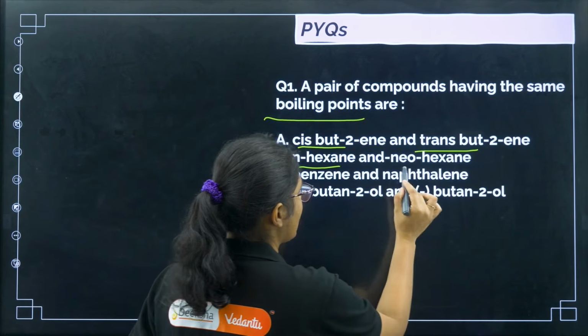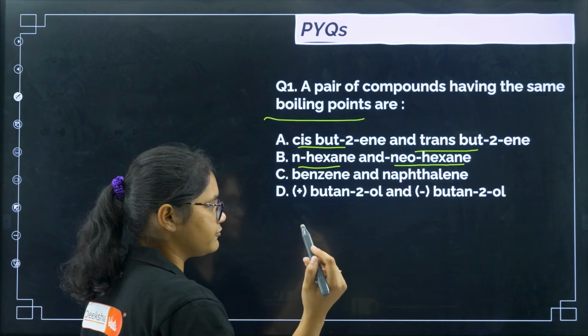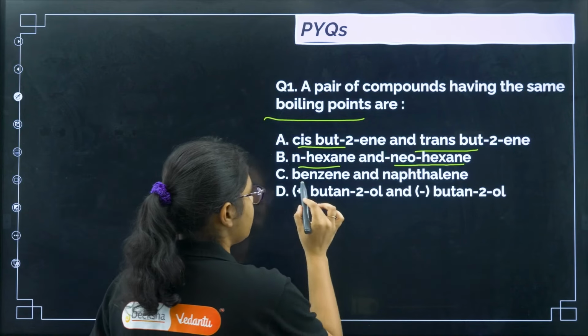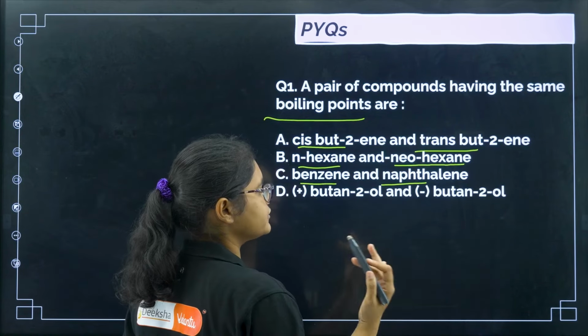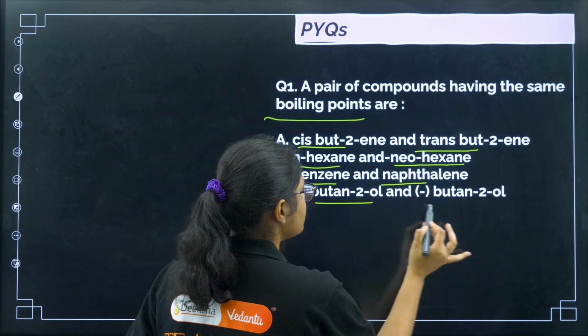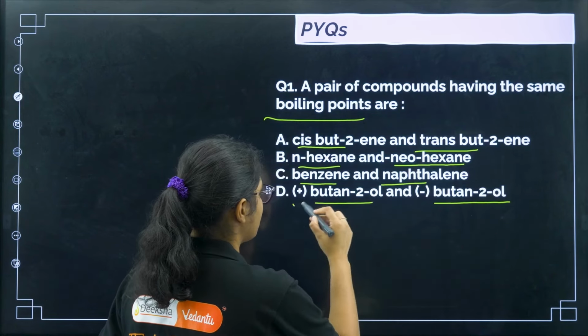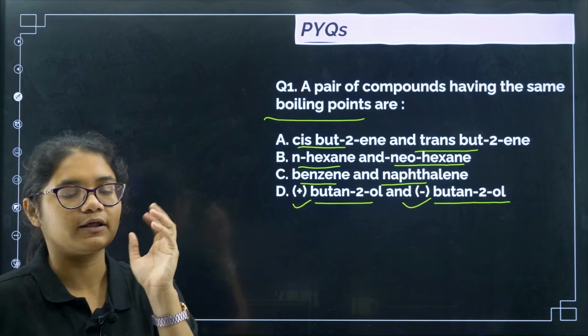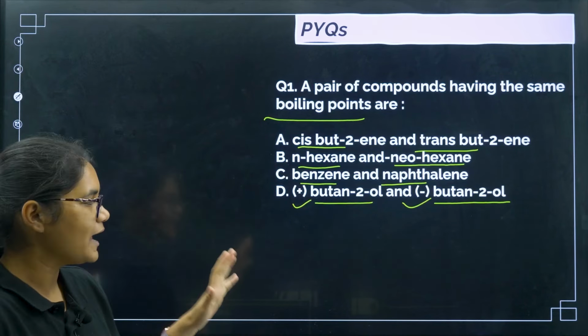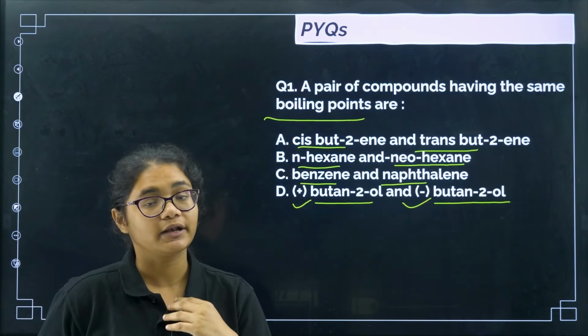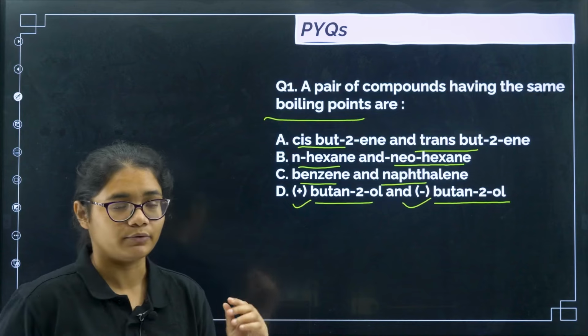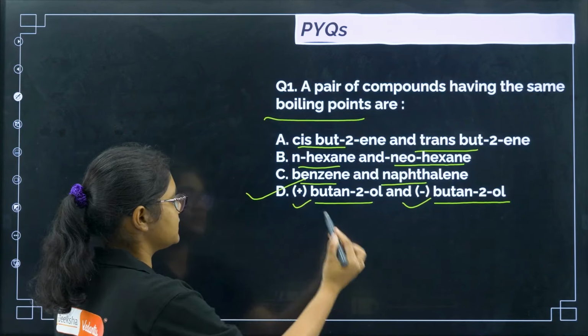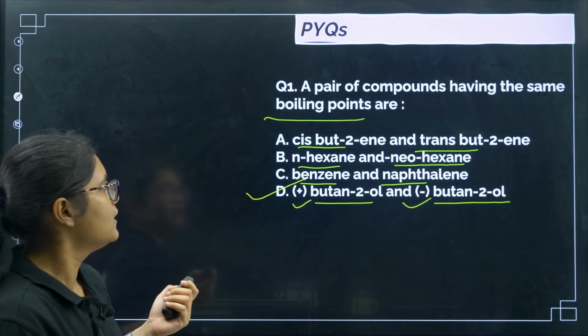N-hexane and neohexane have different structures, so their boiling points will differ. Benzene and ethylene are 2 different compounds, so their boiling points will be different. Now butan-2-ol, plus and minus, differ in optical rotation, how they rotate plane polarized light, but that will not affect the melting point and boiling point because it is the same compound. So the correct answer for this question is option D.